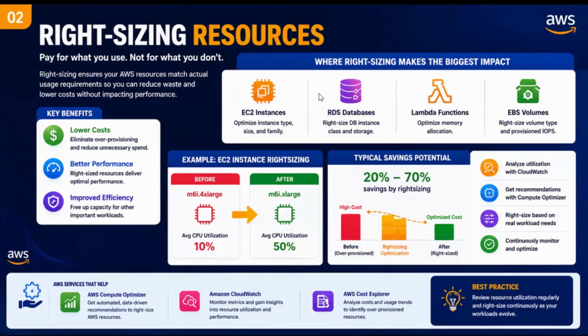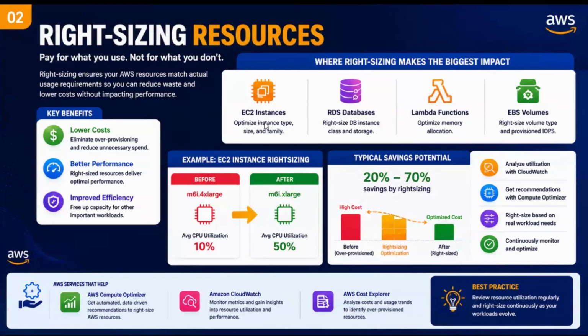Right-sizing ensures your AWS resources match actual usage requirements, so you can reduce waste and lower cost without impacting performance. Where does right-sizing make the biggest impact? Right-sizing resources is where we mostly focus to get the best outcome in our cost optimization.